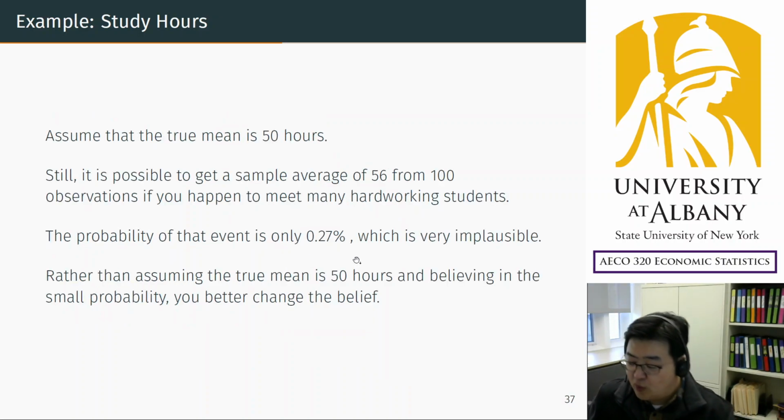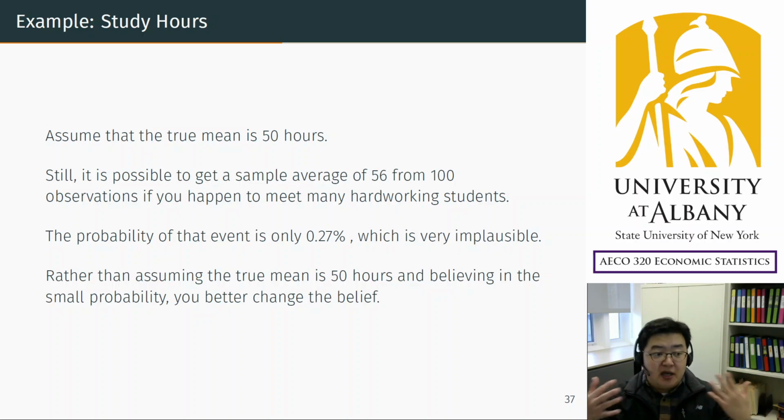So then let me casually explain what happened. I believed the study hours for the final exam was 50 hours, so the mean was 50. But the survey sample average could be different from 50 hours, according to the normal distribution. So a normal random error can happen. Sampling error is always normal, right?